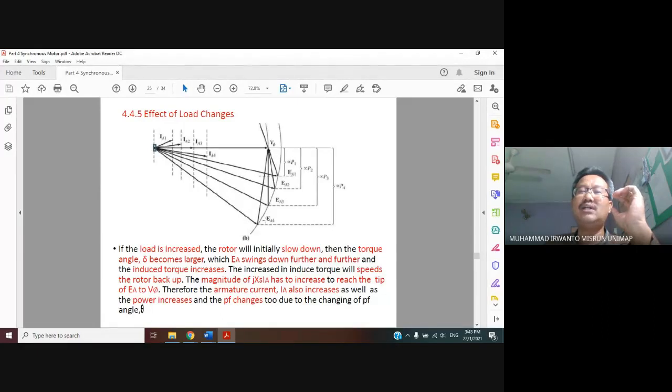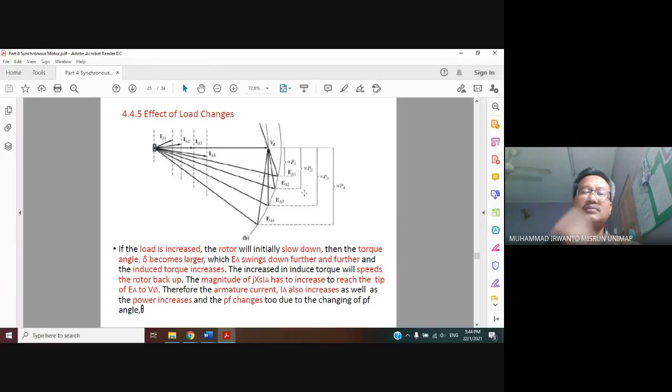When the load is changed, P1, P2, P3, P4, adakah dia punya panjang berubah? The magnitude of the internal generated voltage change? Saya rasa tak kan ya? Because this is a circle. So we'll change the armature current here. Meaning the armature current IA1, IA2, IA3, IA4 is changed, depending on the power here.